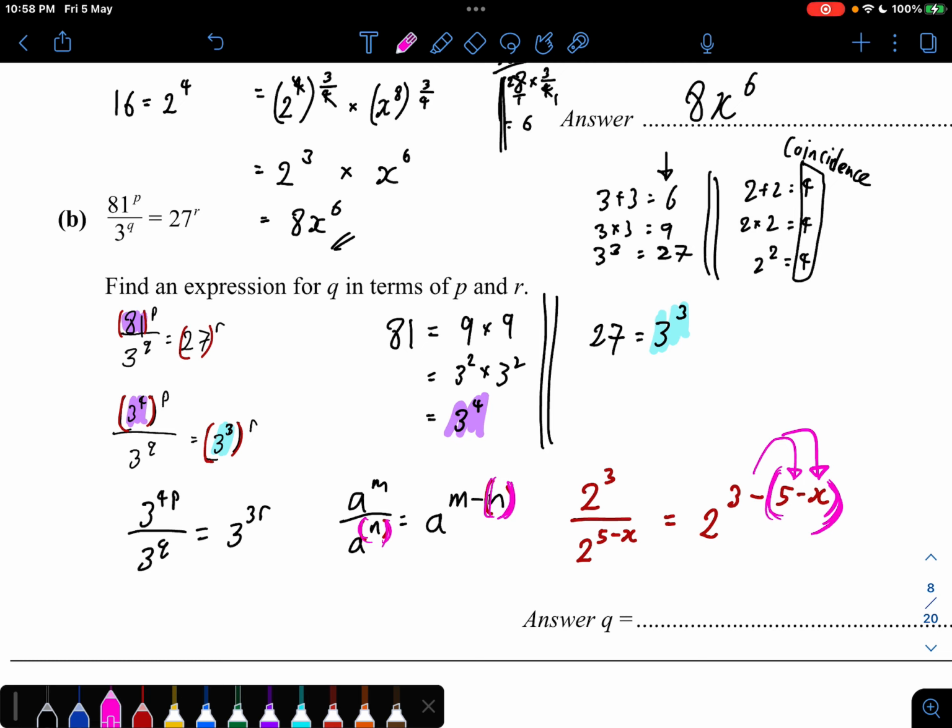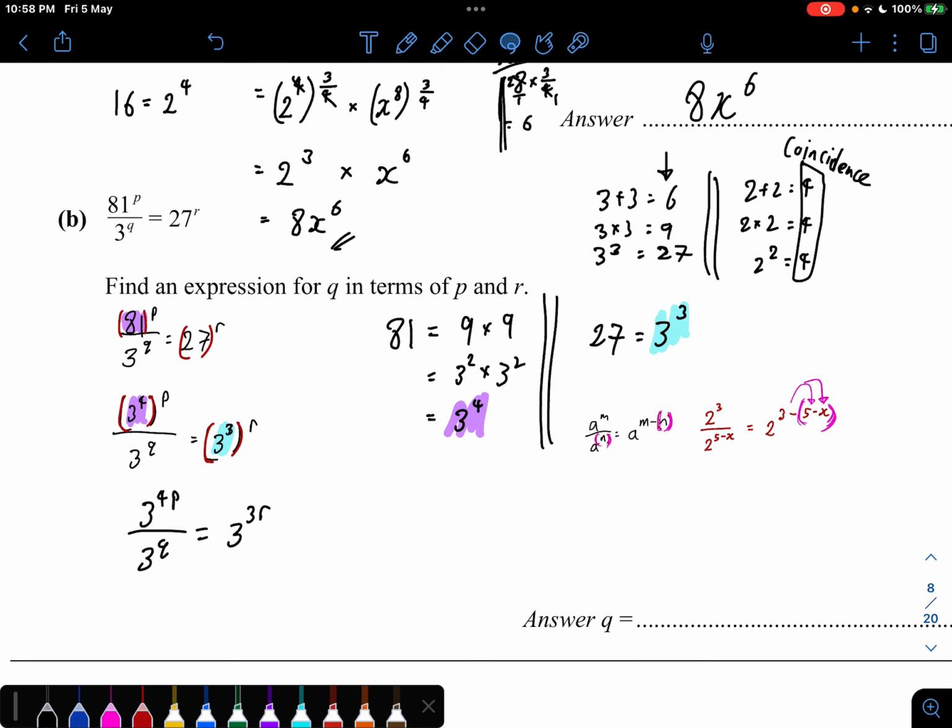Negative times negative gives you positive. So always remember the invisible pair of brackets after a minus sign. The notation usually doesn't include the brackets because mathematicians are usually very lazy in their math notation. So we keep things simple and avoid brackets, when actually there is an invisible pair of brackets there.